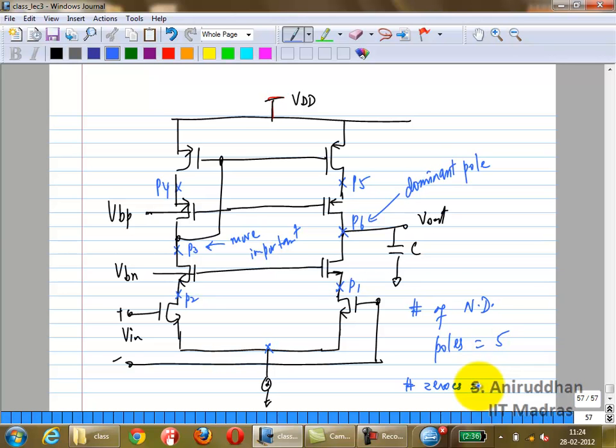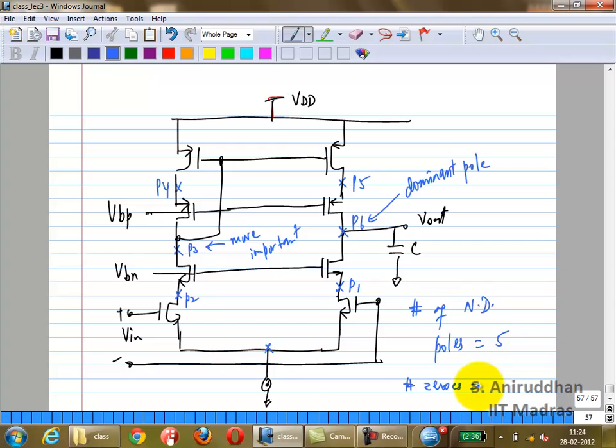Well, how do you think P4 is going to become important? You have to tell me, why is P4 important? Anybody? Why don't you try calculating it out and see how P4 comes about.